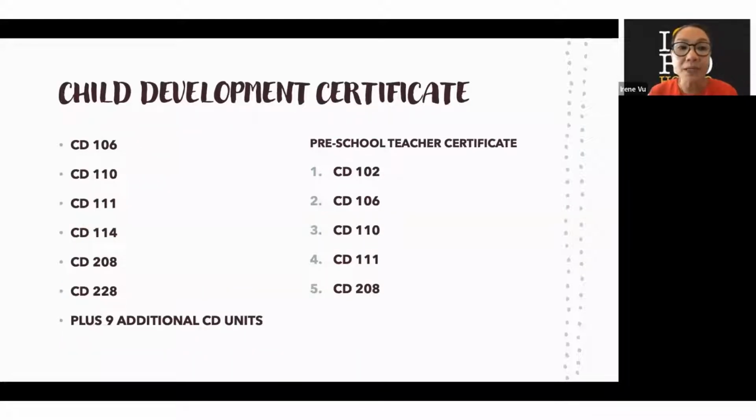So in that option, you also have the child development certificate. You can have the preschool teacher certificate. With this one, you can see that if you take 102, 106, 110, 111, you will be able to get a certificate.